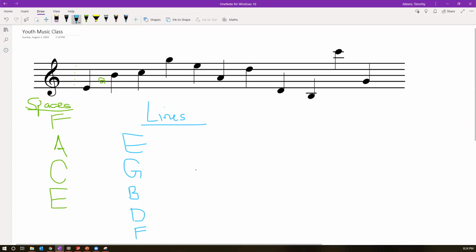Now that we have this, we can work it out and see whether what we got is right. Our space is F, our line is A, then C, and that's E. And then our lines: E, every.